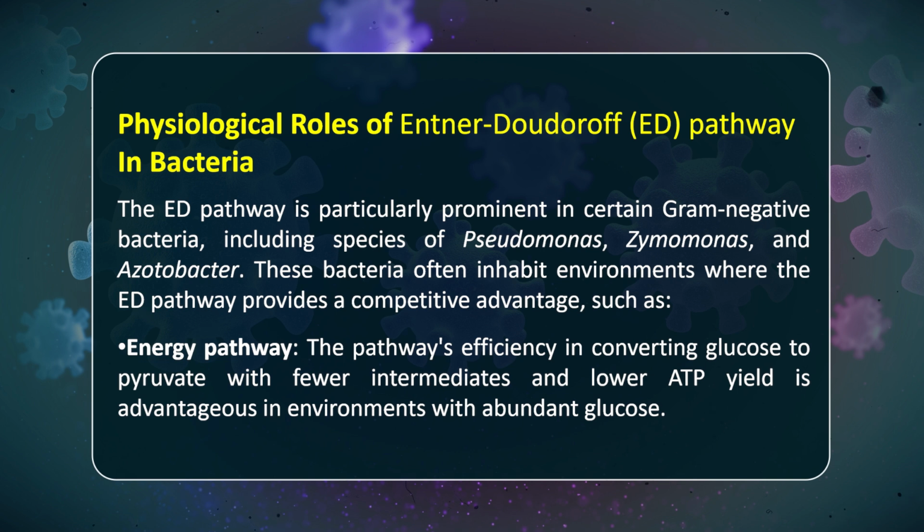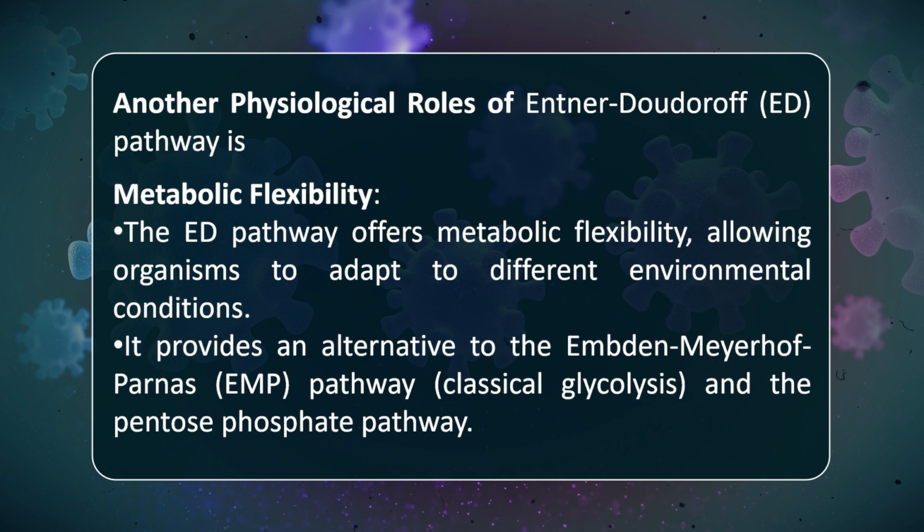The pathway's efficiency in converting glucose to pyruvate with fewer intermediates and lower ATP yield is advantageous in environments with abundant glucose. Another physiological role of the ED pathway is metabolic flexibility. The ED pathway offers metabolic flexibility, allowing organisms to adapt to different environmental conditions.